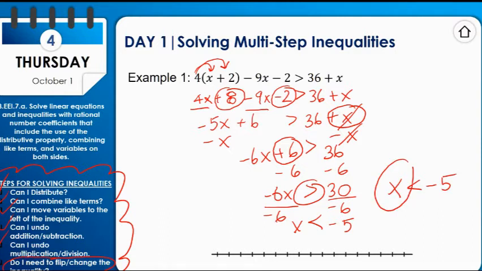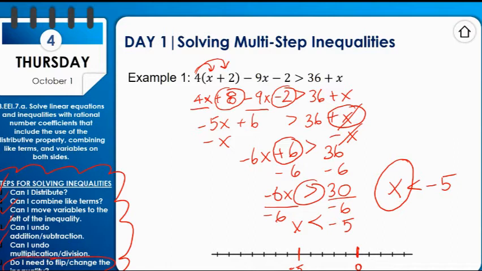What does that mean? All of my values for x must be less than -5 in order to make this inequality true. So if I make this value -5, -4, -3, -2, -1, this is 0, and I'm going to pick -10.